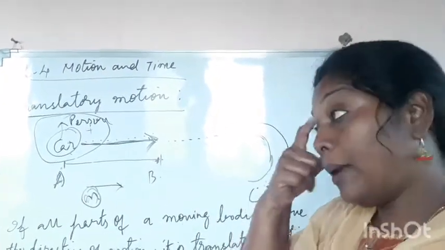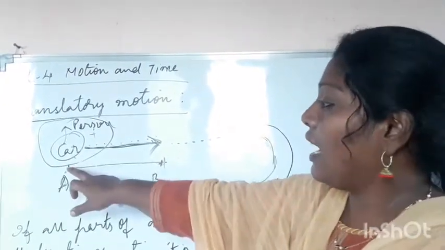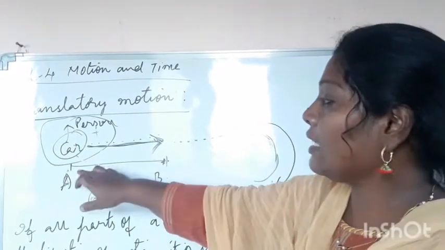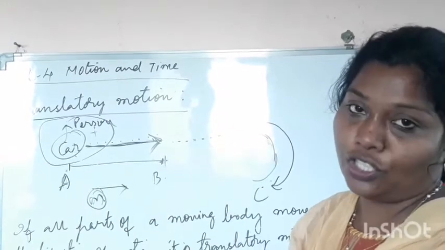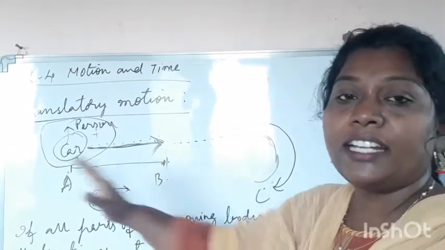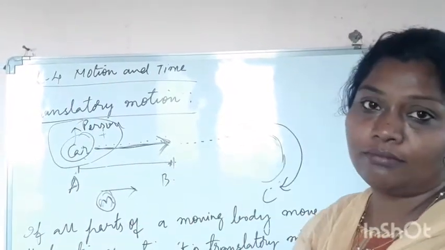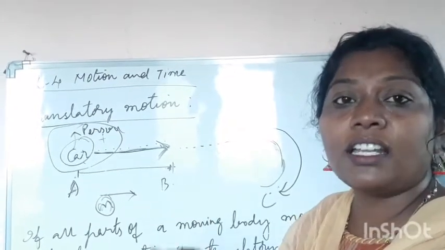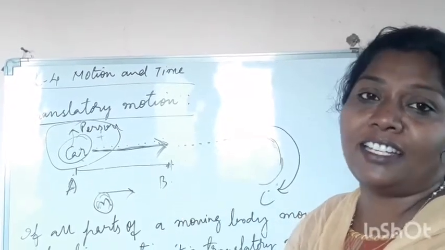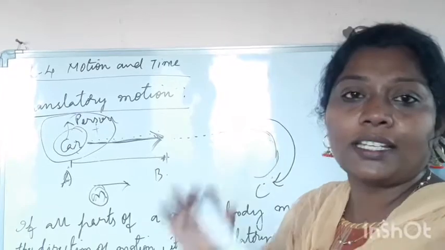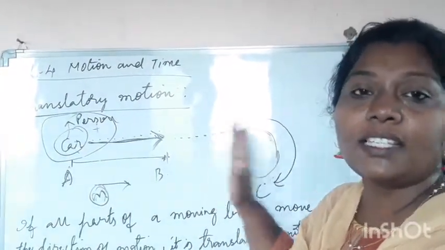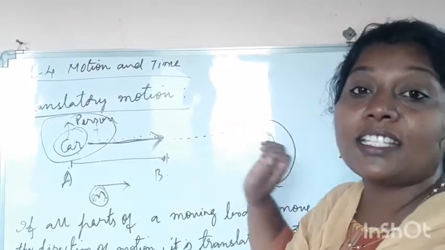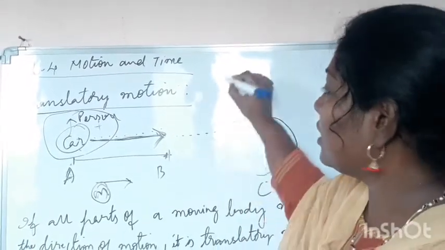Okay, but here if you observe, from A to B, the car is moving in a rectilinear motion. Why? Because it is moving in a straight line. If an object is moving in a straight line, then the object is said to be in rectilinear motion.